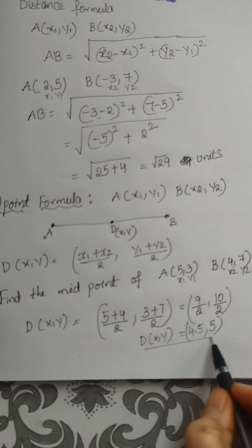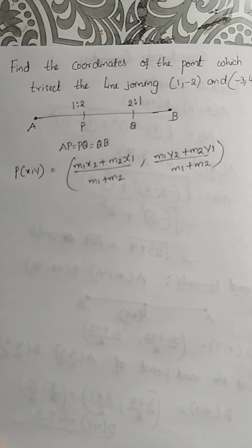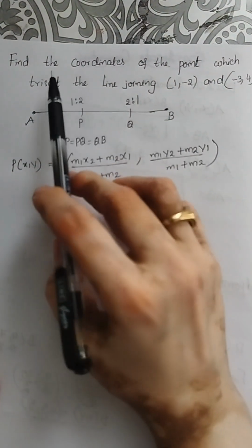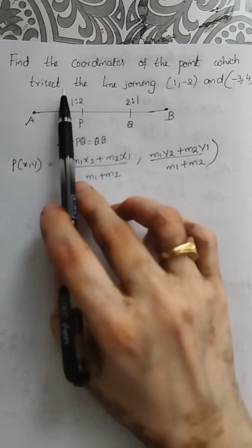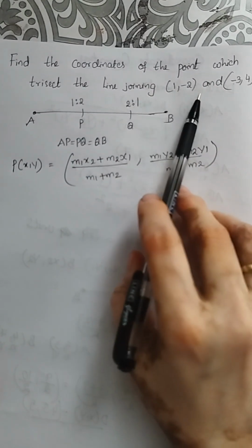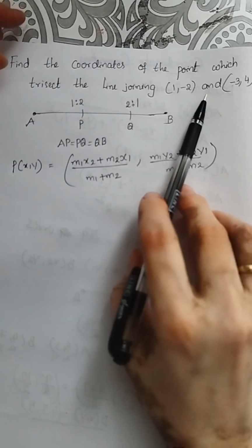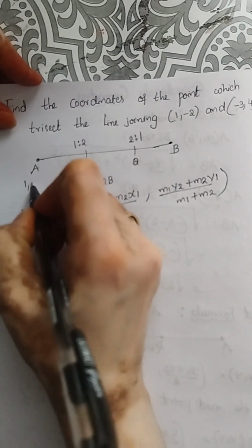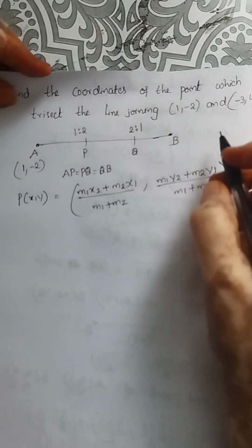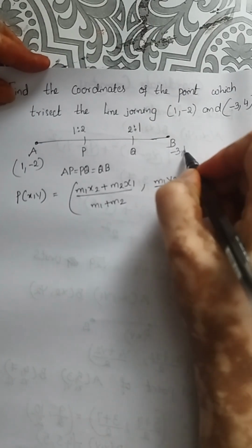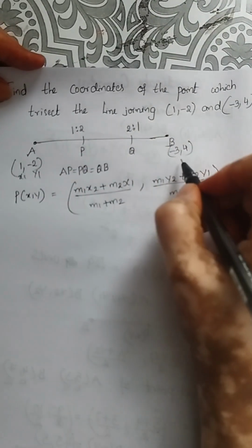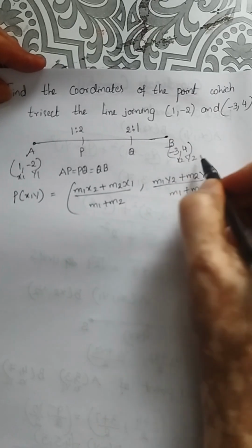Okay, so next is trisection, which means a section formula. Find the coordinates of the points which trisect the line joining points (1, minus 2) and (minus 3, 4). So A is (1, minus 2) and B is (minus 3, 4), x1 y1 and x2 y2.